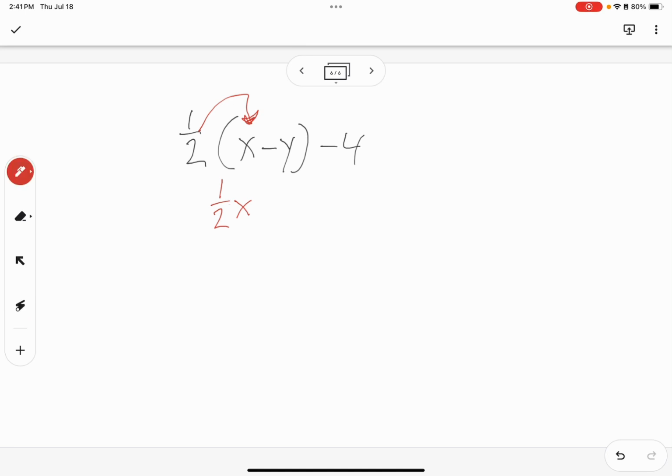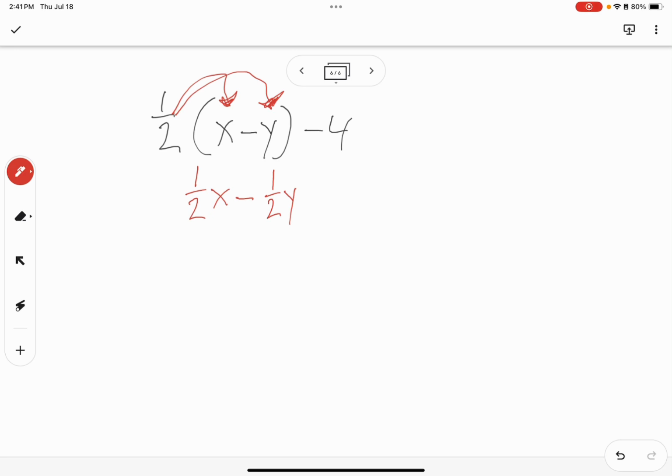And then we're going to take the 1/2 and also multiply it by the y. So we're going to put 1/2 y. And then we're going to bring down our minus sign because we're subtracting these two terms still, okay? So now we've gotten rid of the 1/2 and the x. We've gotten rid of the 1/2 and the y, okay?